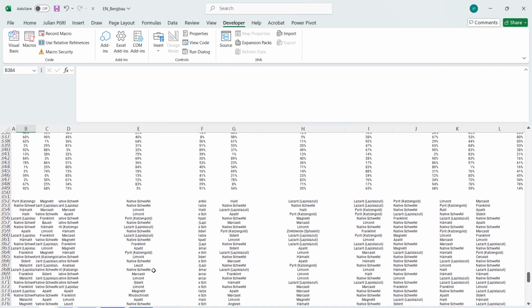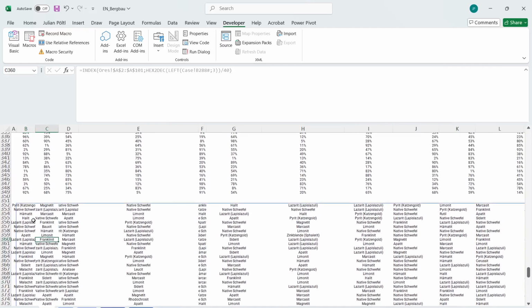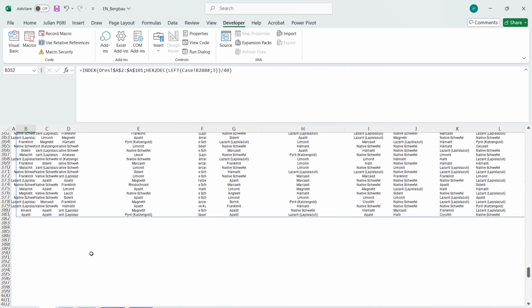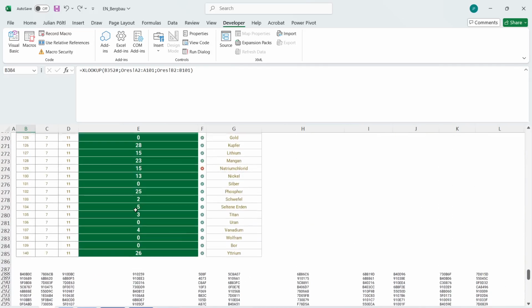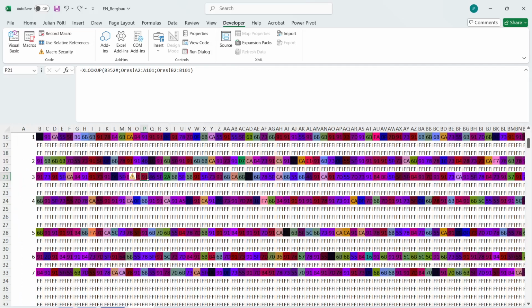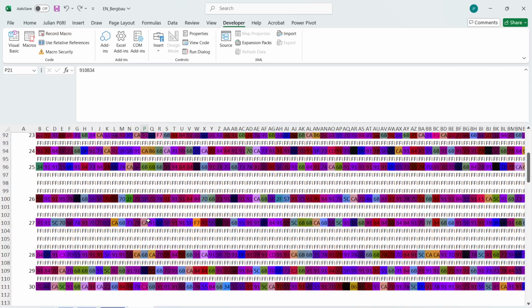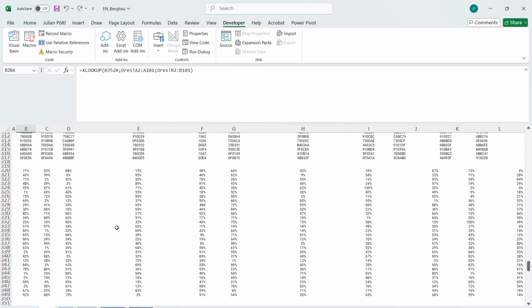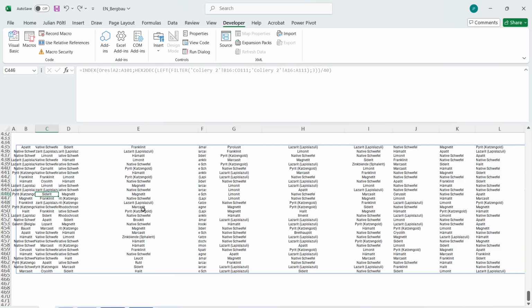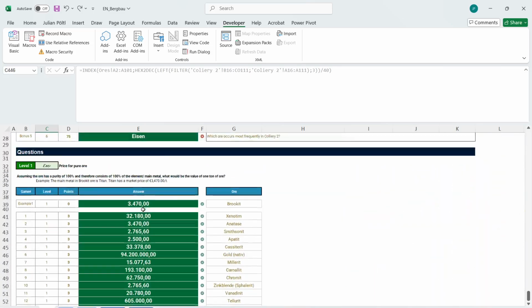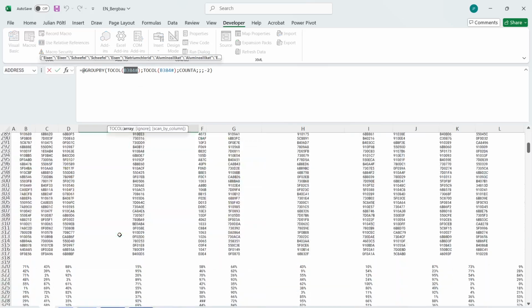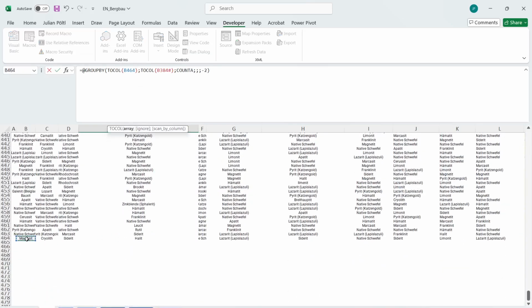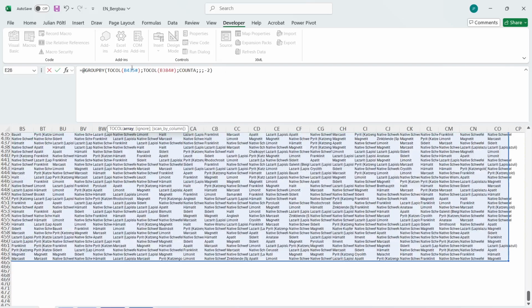I'm an idiot. Have I deleted something? Yeah, sorry. I've deleted something I should not have deleted. Where's the filtered stuff? Here it is. I've used the wrong data. Sorry for that. Here I want to reference this data here.